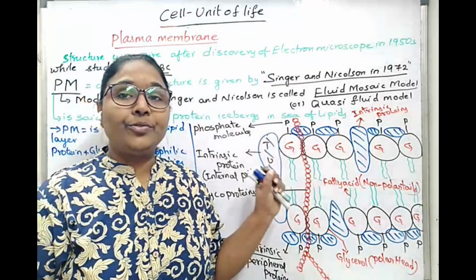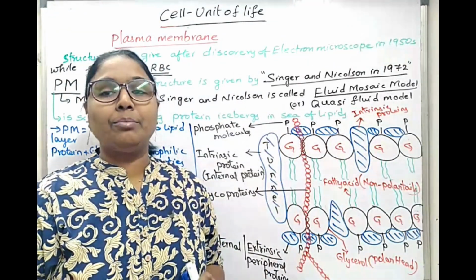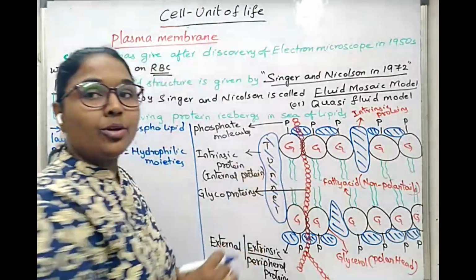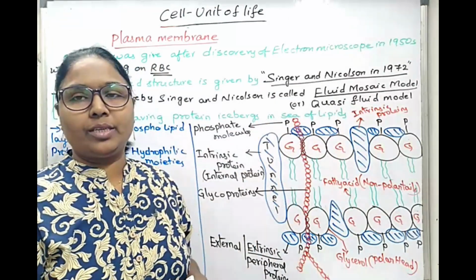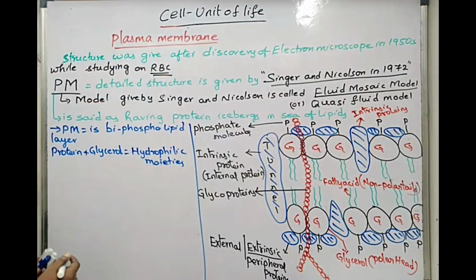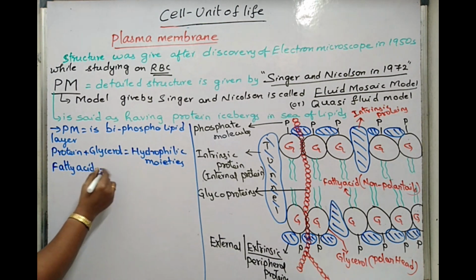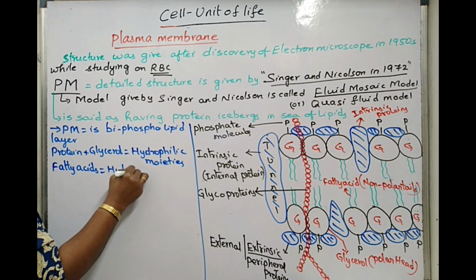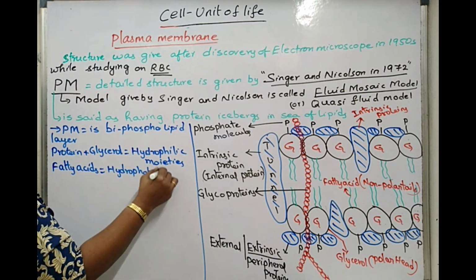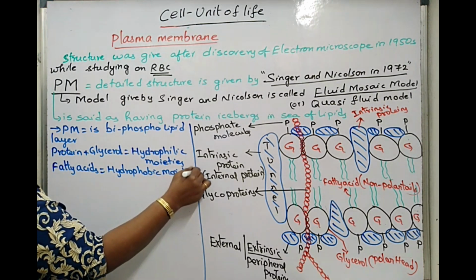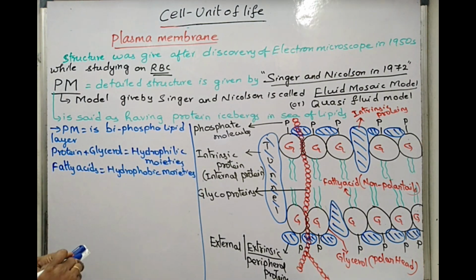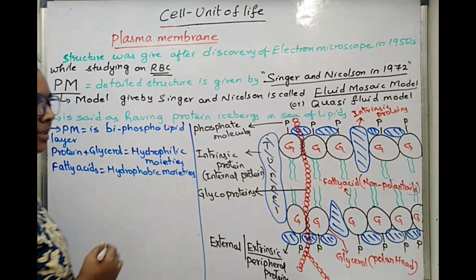So they are called as hydrophilic substances or hydrophilic moieties. But fatty acids do not allow any water molecule. So fatty acids are said as hydrophobic moieties, or hydrophobic substances.